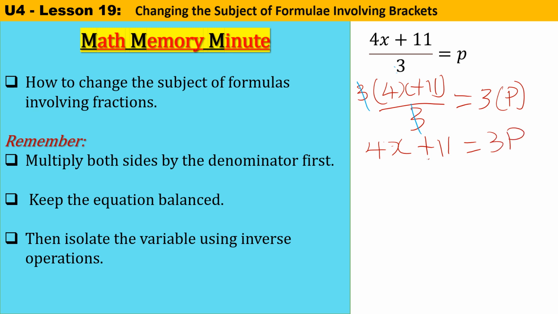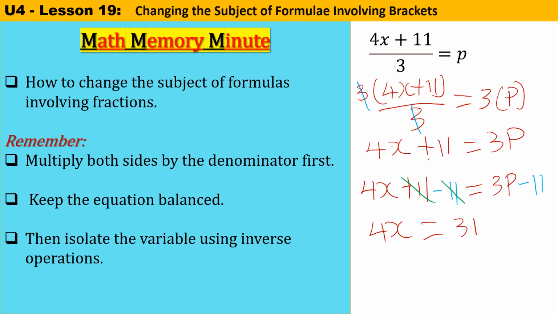We need to move 11, it's adding here, so we are going to subtract it. 4x plus 11 minus 11 equal 3p minus 11. Now these two cancelled out each other, so we are left with 4x equal 3p minus 11.